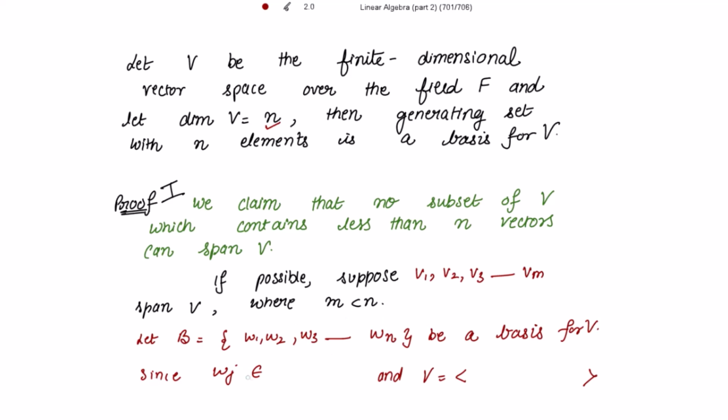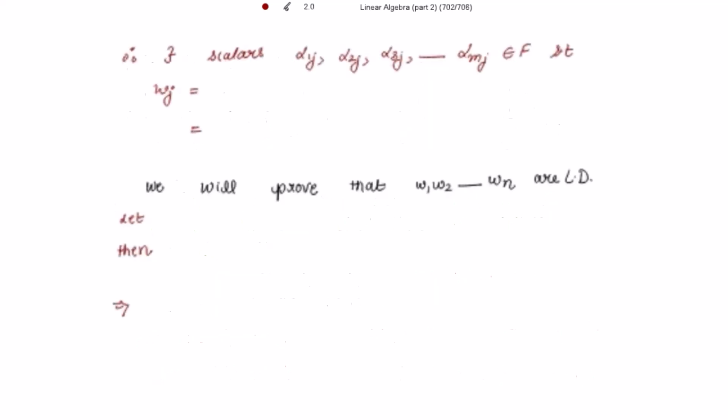Now since Wj belongs to V, any of these Wj belongs to V, and V is finite dimensional, and we have supposed that V1, V2, V3 up to Vm is spanning V. Because Wj is an element of V, every element of V is a linear combination of these generators.